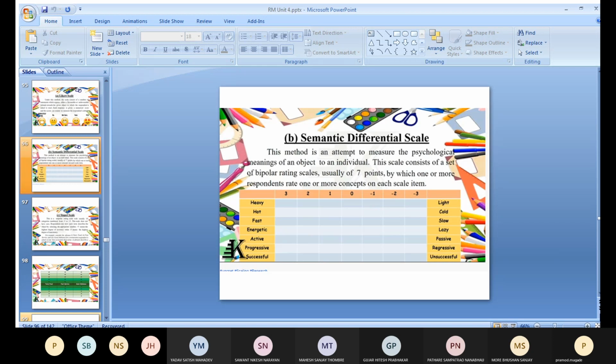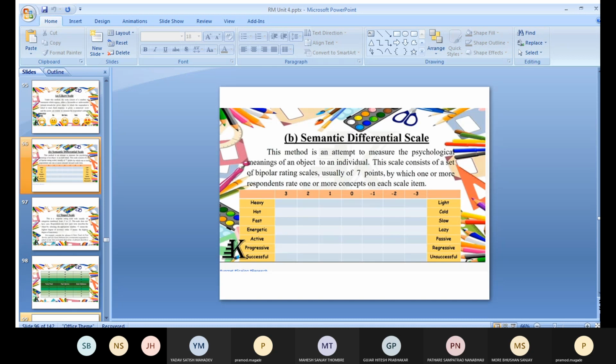It is not necessary that this will be the consideration. Here heavy and light were given, or hot and cold, this is just an example. So there are two extremist conditions. In a class of 10 or 20 students, how many students are in distinction and how many are fail. Those are the two extreme conditions, either distinction or failure. The middle ones we have not considered at all.